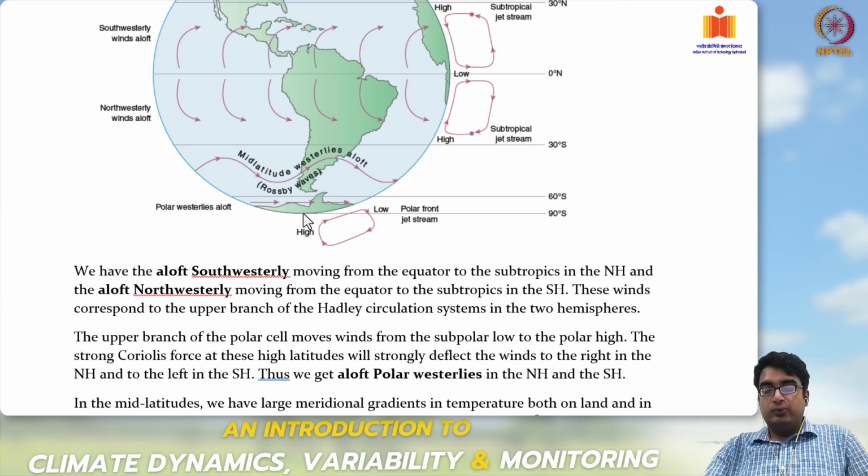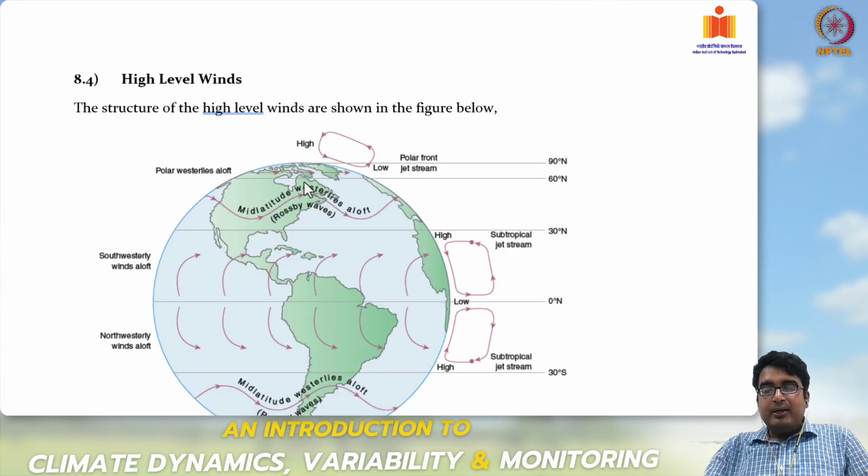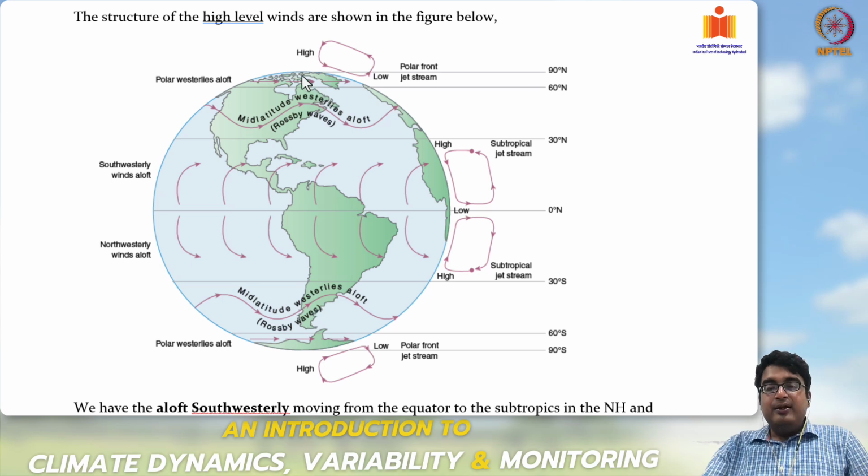As a result, because of the strong Coriolis force, both will be strongly accelerated in the west to east direction, that is in the positive zonal direction. And because the Coriolis forces are so high, the wind primarily blows as a west to east wind. So you have aloft polar westerlies in both the southern and the northern hemisphere between the subpolar low and the polar high.